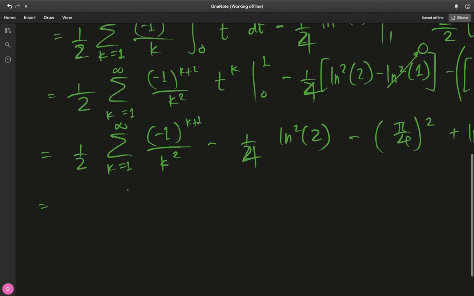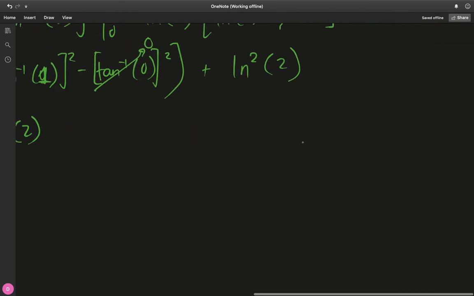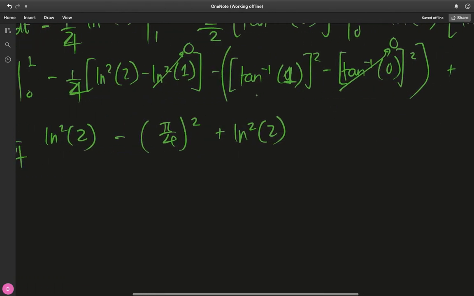And notice what this is: nothing but the Dirichlet eta of 2. So we have an alternating power, and k, the summing variable, is raised to the second power in the denominator. So this is nothing but the Dirichlet eta function of 2 because k is raised to the second power. And we have minus 1/4 of natural log squared plus this natural log squared.